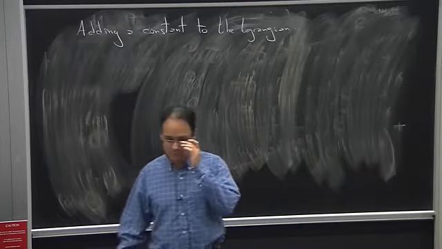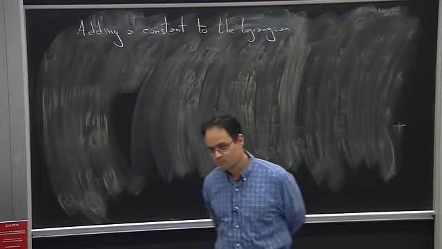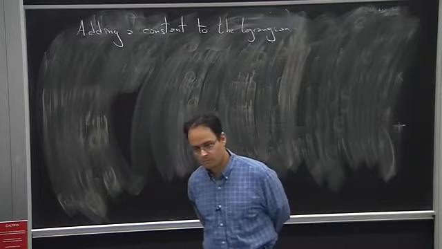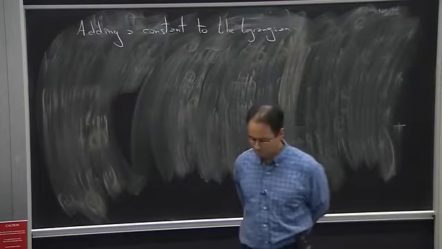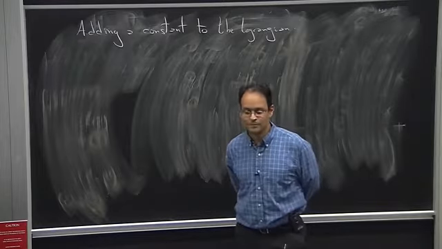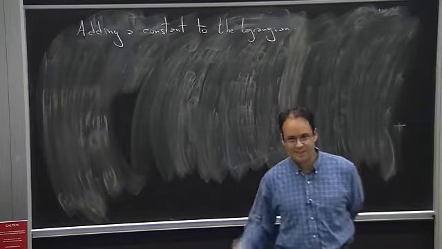Would adding a constant to the Lagrangian be somehow equivalent to saying that you only essentially care about energy differences, right? So if the energy of the vacuum is offset by that. Exactly. That's exactly right.